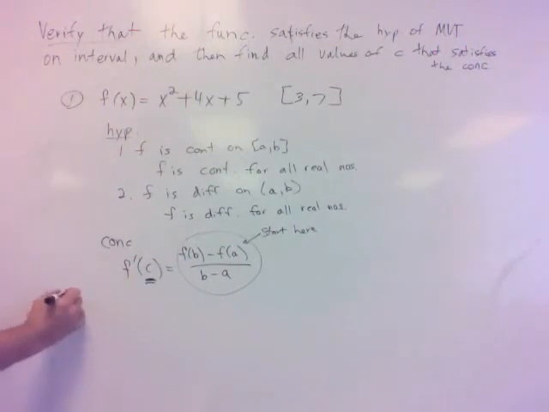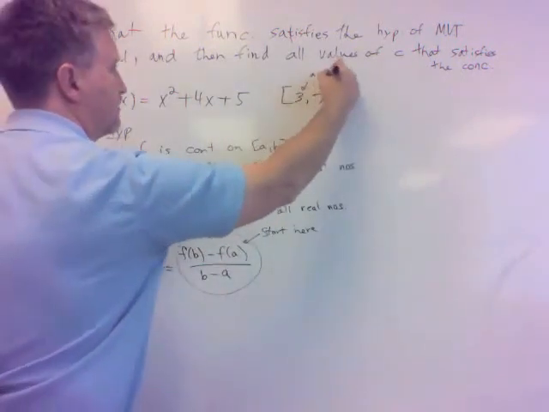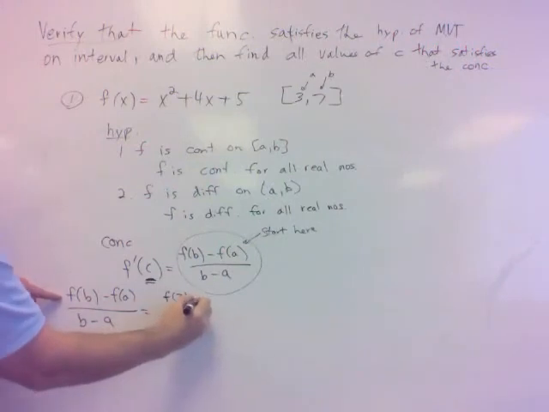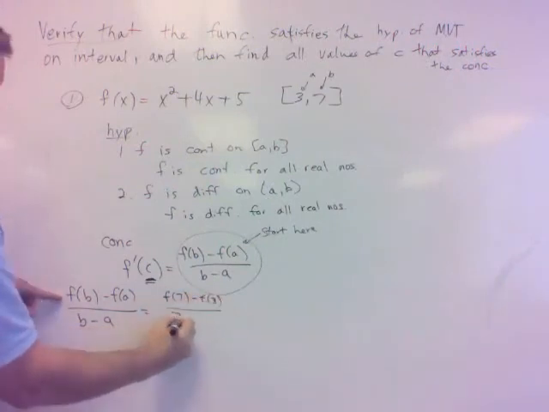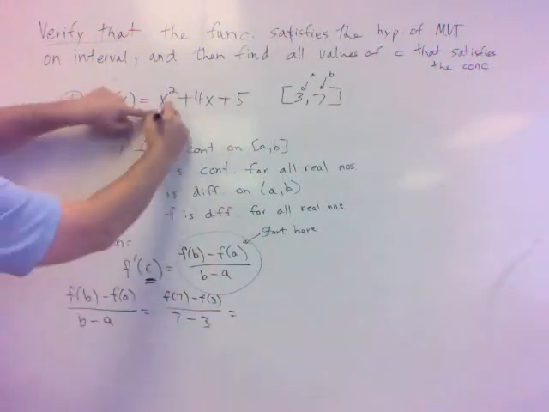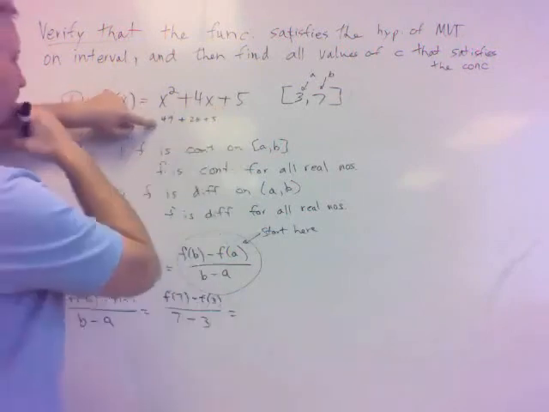F of B minus f of A over B minus A in this case is, what would that be? Well, this is A, this is B. So it'd be f of 7 minus f of 3 over 7 minus 3. Just figure those out. F of 7, that'd be 49 plus 28 plus 5. 33, is that 82?